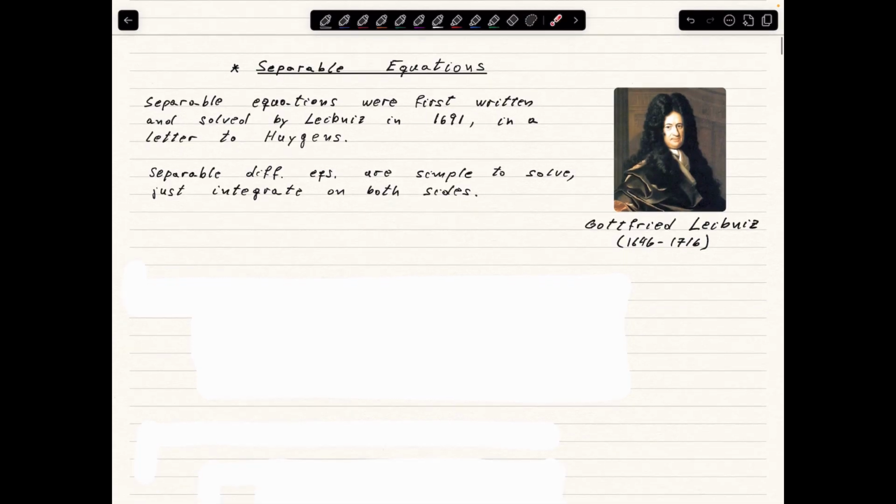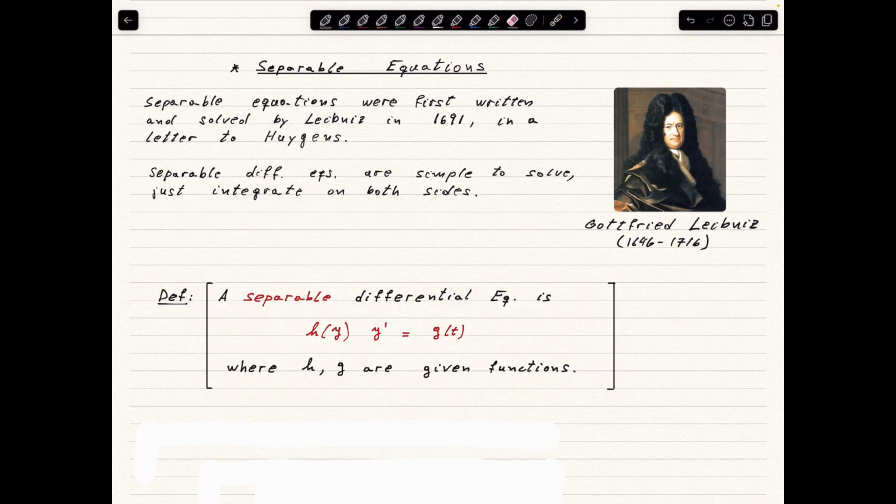Before we start talking about how we solve separable differential equations, let's introduce what a separable differential equation is. A separable differential equation is an equation that can be written in this form, where h is a function of y and g is a function of t, which are given functions, we know them, and if you can write the differential equation in this way, we call it a separable differential equation.